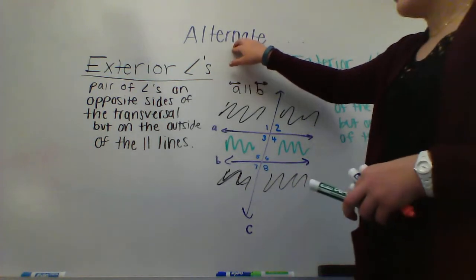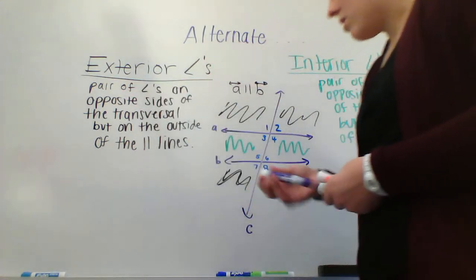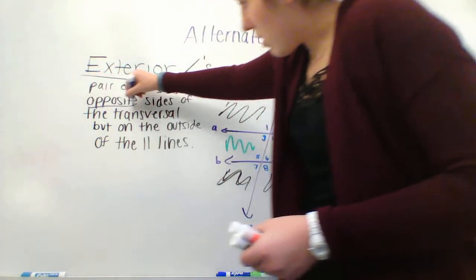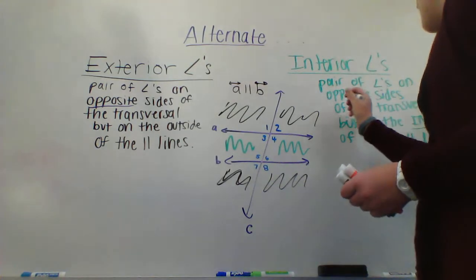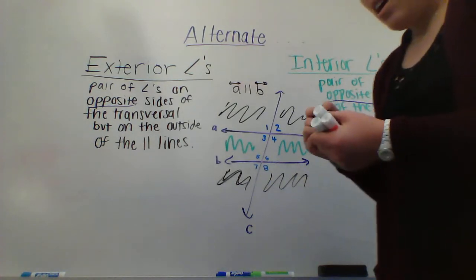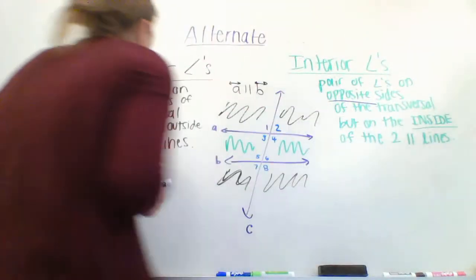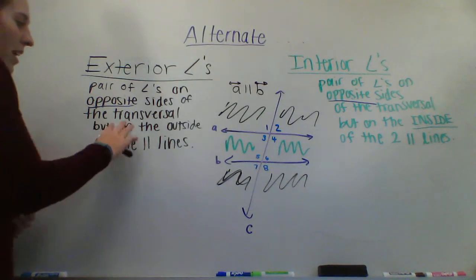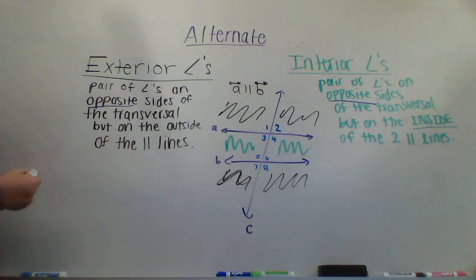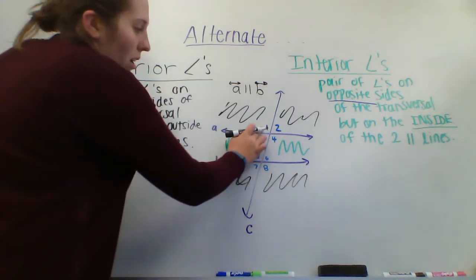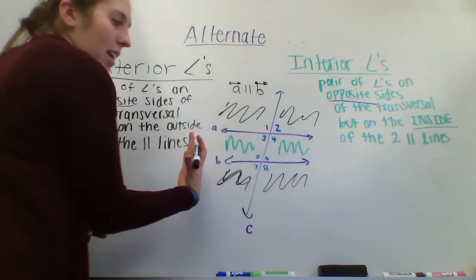So alternate is where the word opposite comes in. So opposite, colored in purple just like this word, is the opposite. So alternate exterior angles are going to be pairs of angles on opposite sides of the transversal on the outside of the parallel lines. So if we look here, 1 is on the outside and it's on the left side of the transversal.